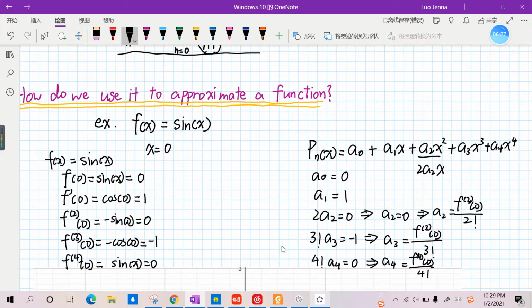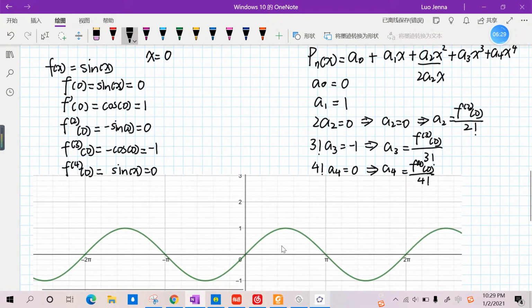So why does it make sense? First, let's have a look at the graph of sine x. If we want to approximate sine x at x equals 0, of course we need to make this polynomial equal 0 at x equals 0. So a0 is 0. And then we need to make P(x) fit the slope of sine x in order to better approximate it.